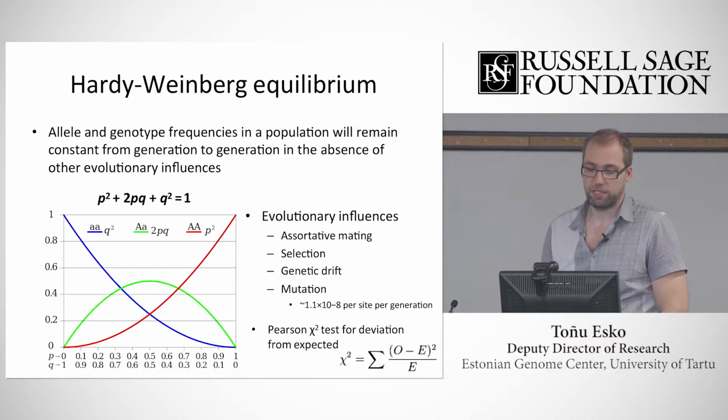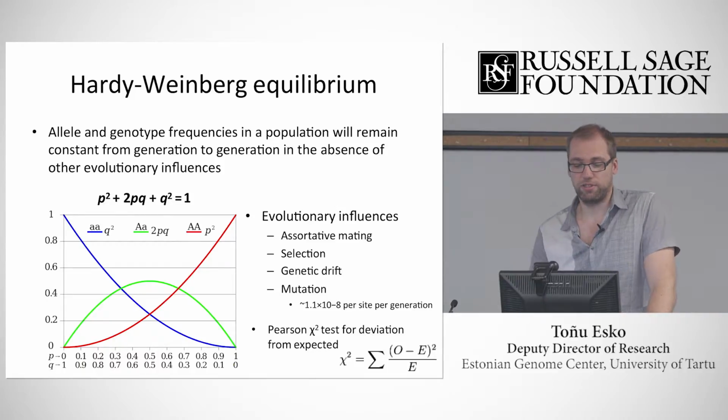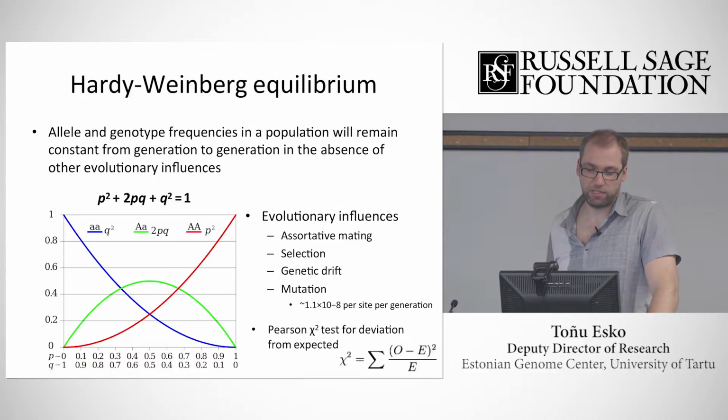And what does it mean? If you take the square of one allele frequency, plus 2 times one allele frequency times the other allele frequency in the middle, plus the square of the other allele frequency, this has to sum to 1, and it doesn't matter in which generation you look at it, it always has to sum to 1.